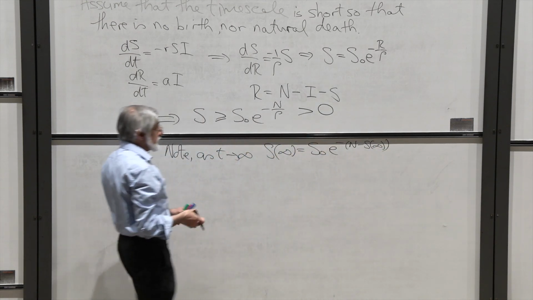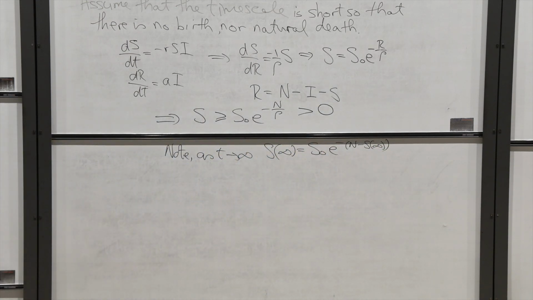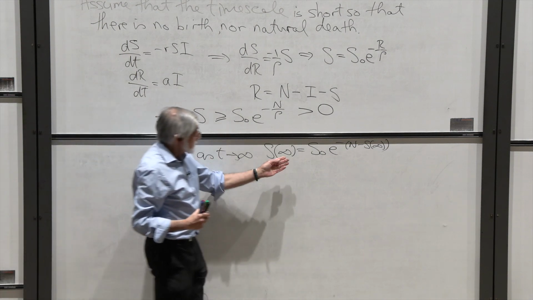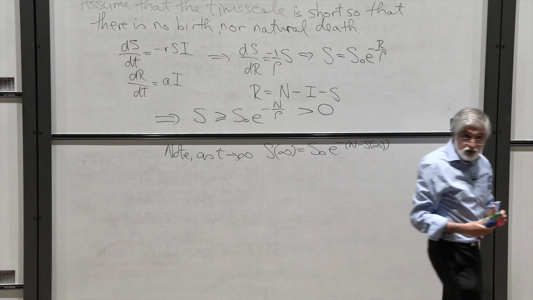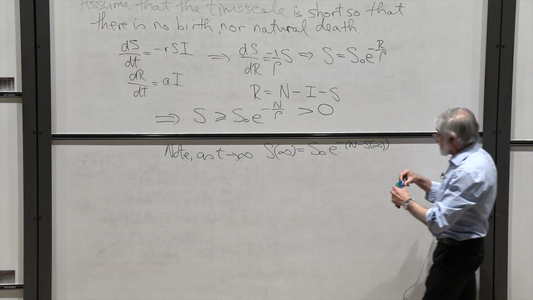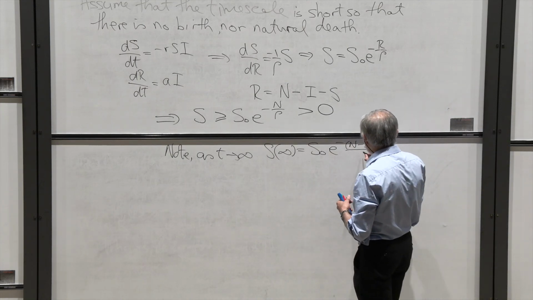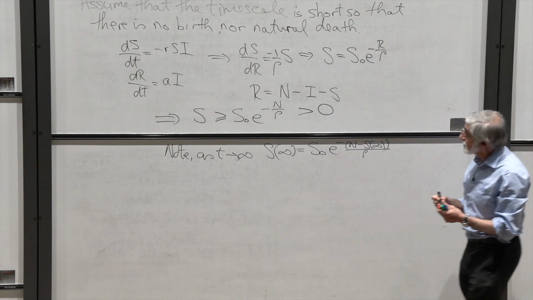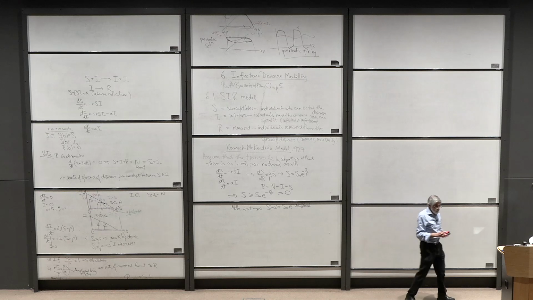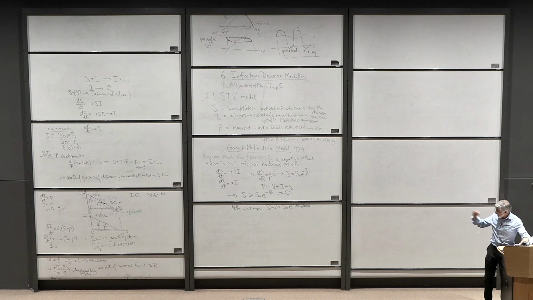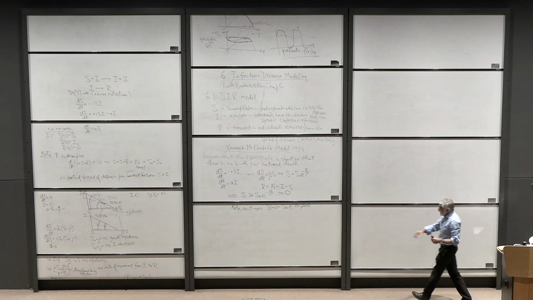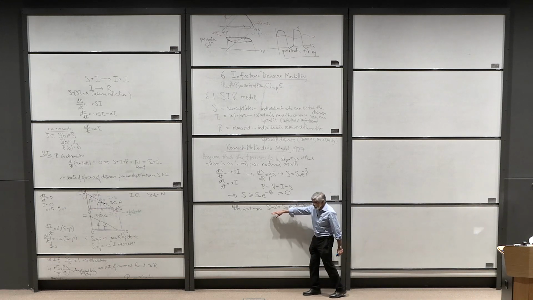So what we've got here is a transcendental equation that allows you to find how many susceptibles are left. And of course, I forgot to put rho in there. So you can figure out how many susceptibles are going to be left by solving this transcendental equation.